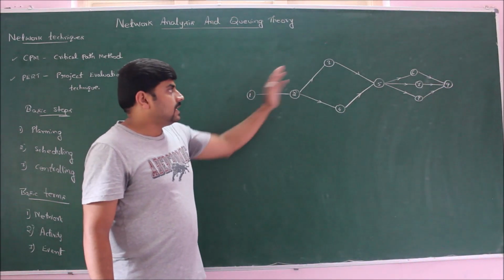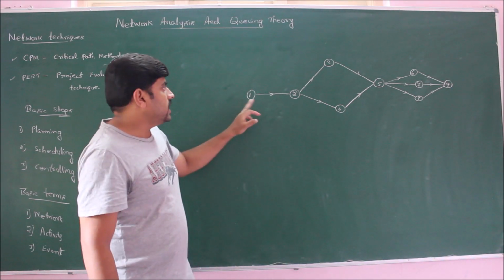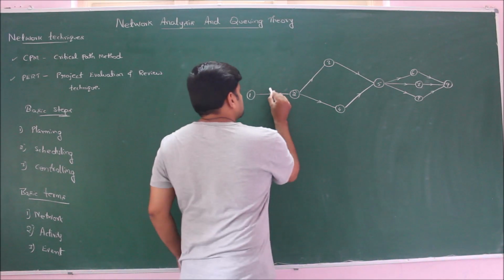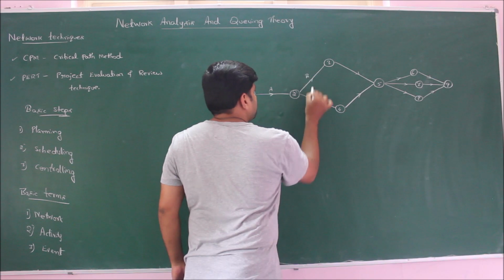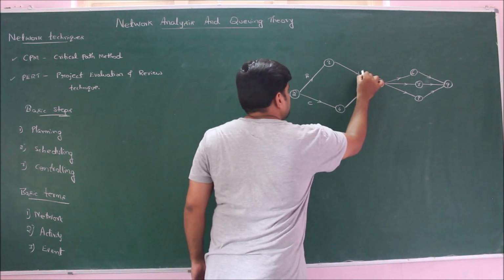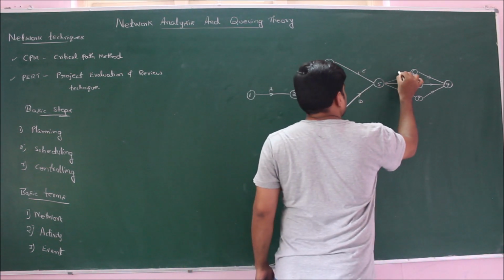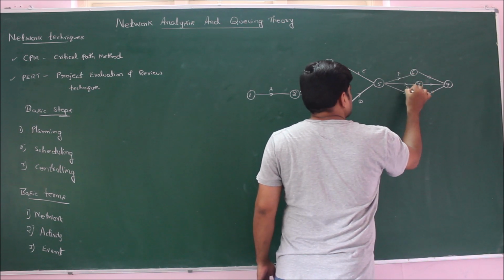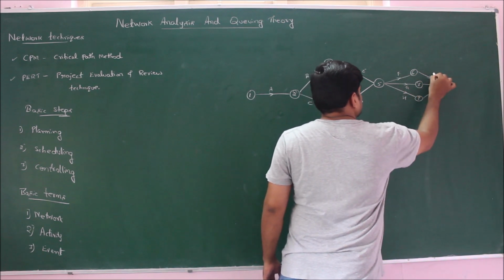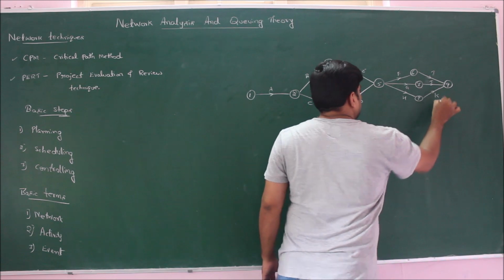So this is a network representing various activities such as A, B, C, D, E, F, G, H, I, J and K.